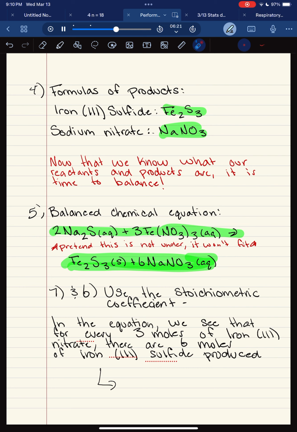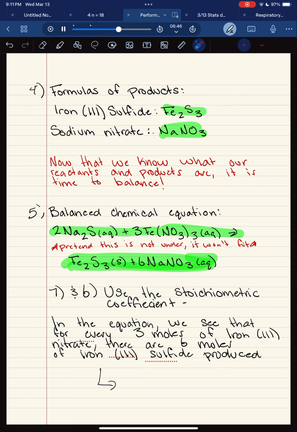But in this chemical formula, the nitrate ion is represented as a whole entity with a single formula unit. So NO3 signifies that in each molecule of sodium nitrate, there is 1 sodium and 1 nitrate ion, NO3.